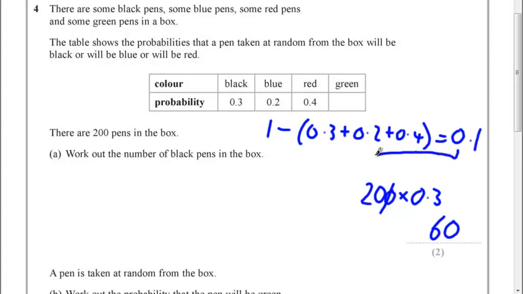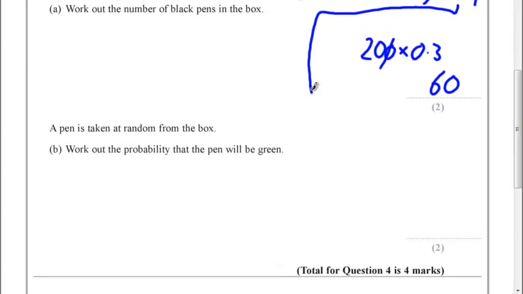And all we're going to do is pop this down to our answer. And it's perfectly okay. It shows the examiner where things are coming from. That's the answer to that one.